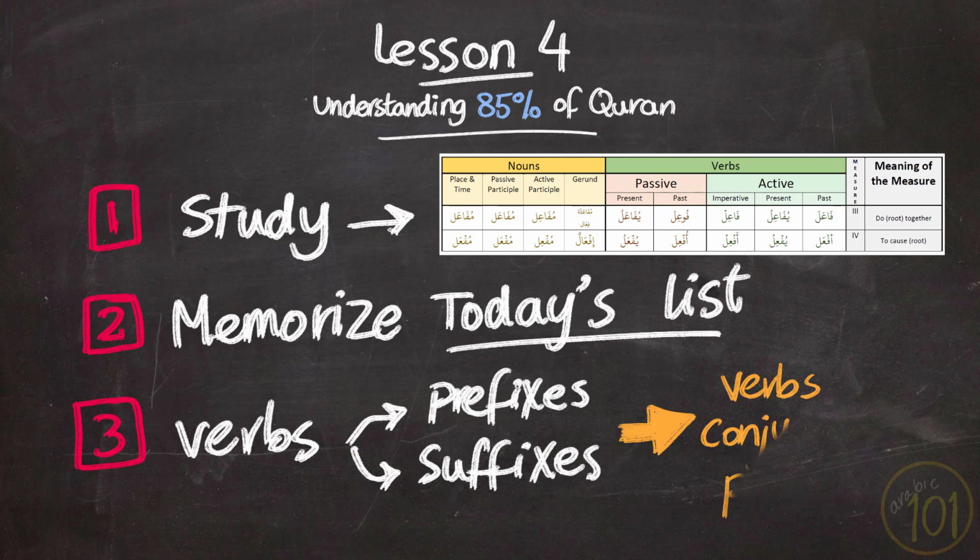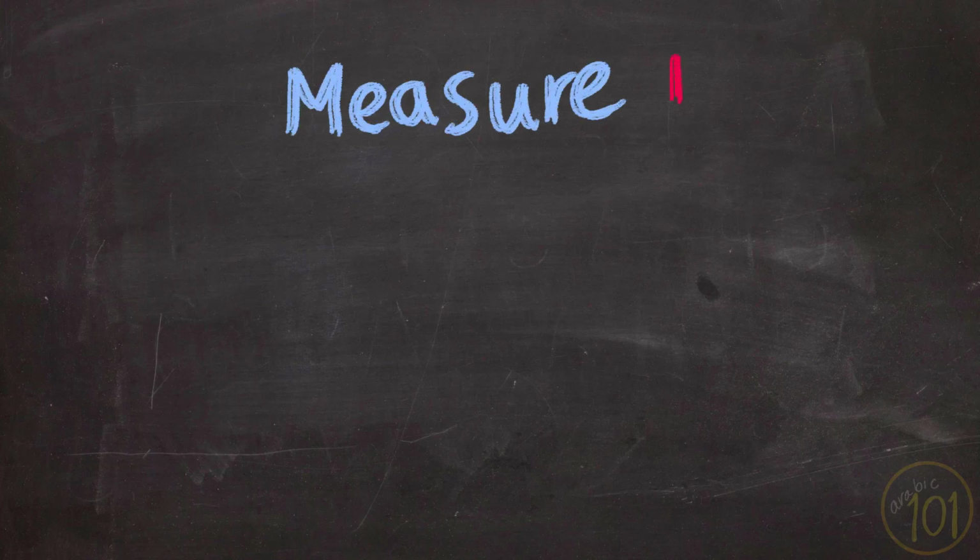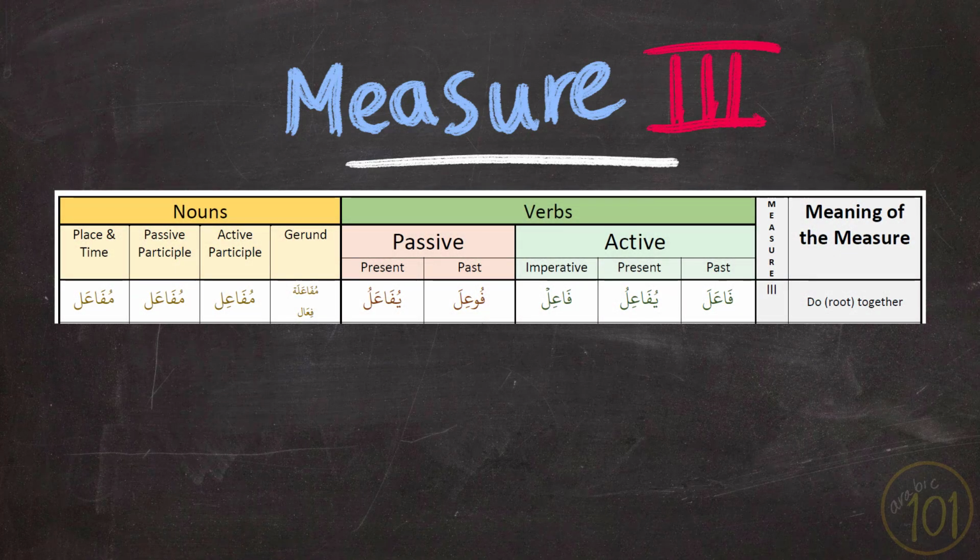So let's get started. Naturally, we're going to start with the list of verbs that belong to form or measure number 3. This measure is فَاعَلَ. And as you can see, the meaning of this measure suggests that the verb or the action has to be done or shared with someone else and cannot happen if it only involved one person.